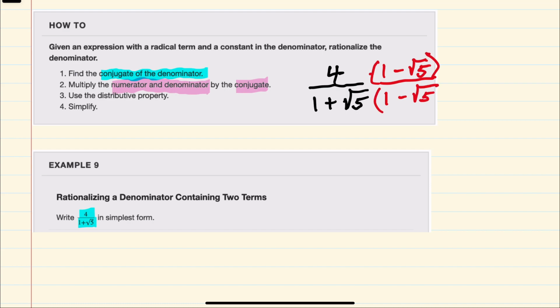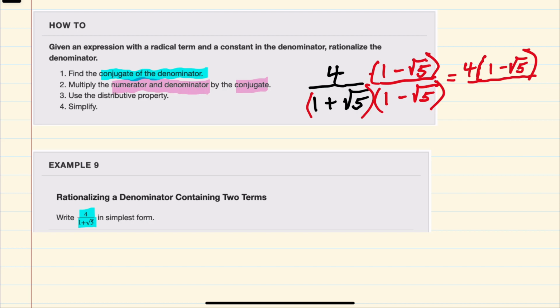And to do this multiplication, I'm going to put in parentheses so that I can see that in the top, for now, I'll leave that numerator as 4 times 1 minus the square root of 5. And we can come back and do that multiplication later, but this will allow me to check for canceling first.